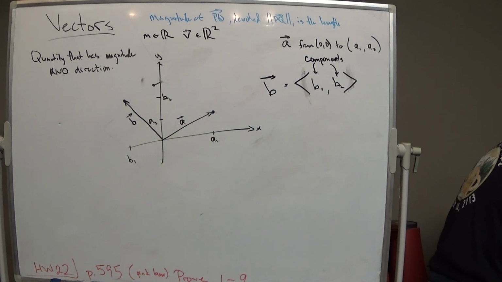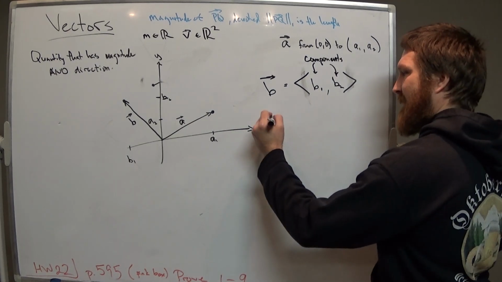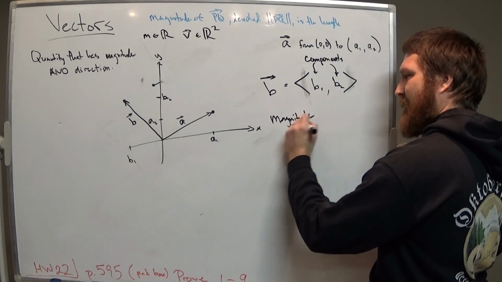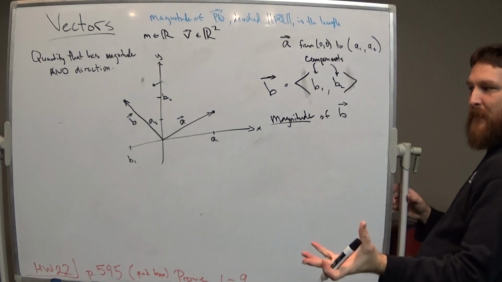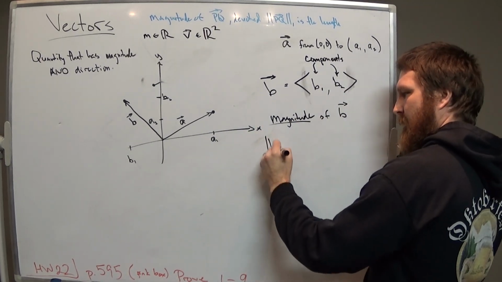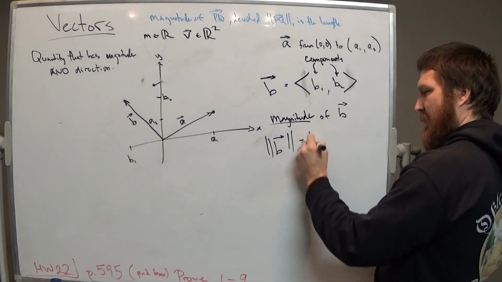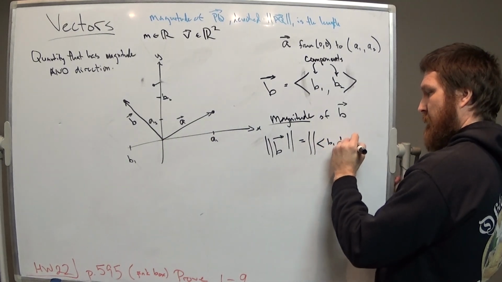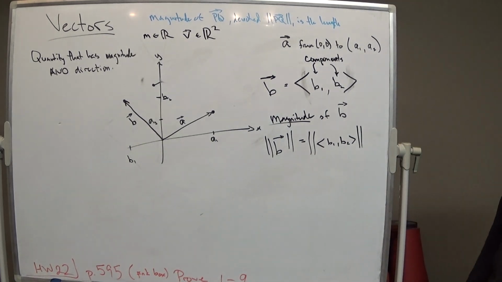Okay, so the magnitude of the vector. The magnitude of, we'll say, b is written |b|, which means the same thing as, which we could have written like this, b1, comma b2. Means exactly the same thing. And it's just the length.